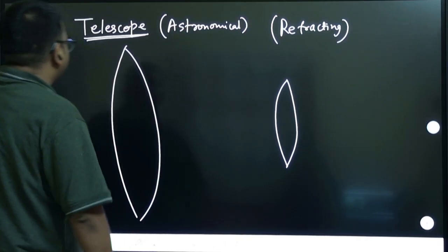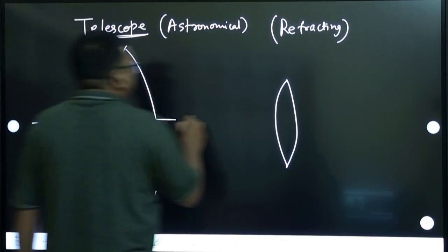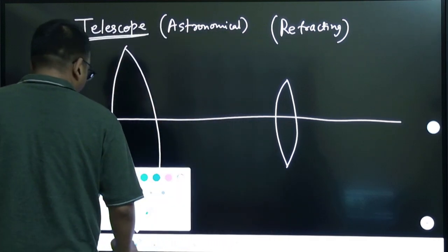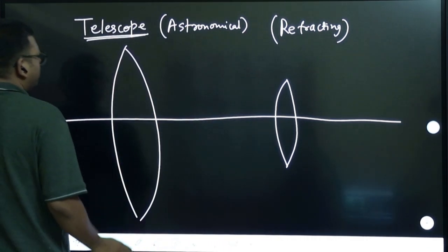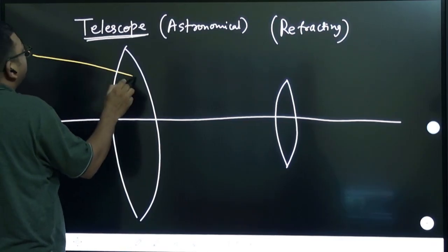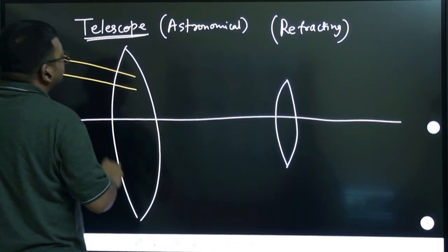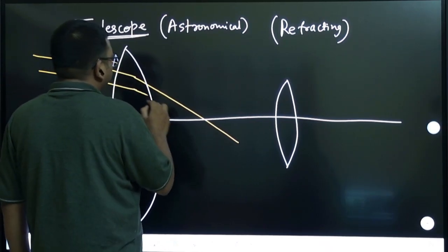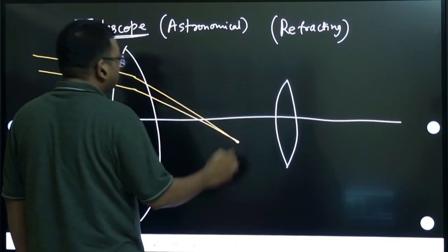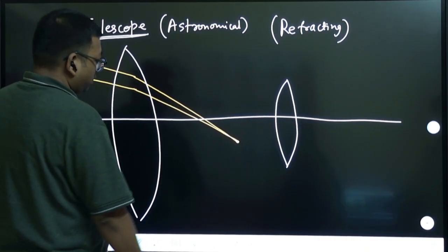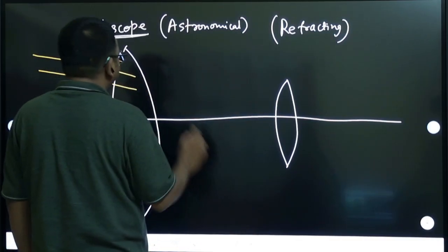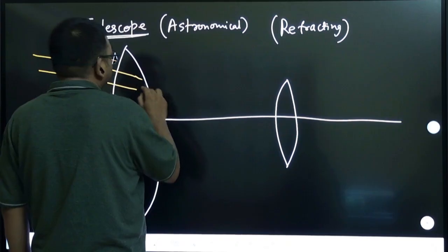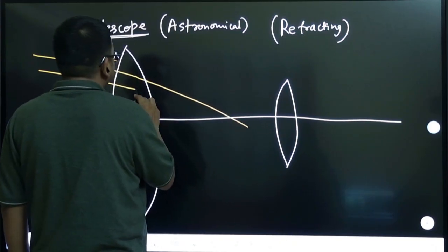Okay. And in this case, telescope. Let us try to understand telescope like this. So rays are always going to come parallel here in case of telescope, and these parallel rays will converge at the focal plane. Focal plane means somewhere at the focus. I think this diagram I have to draw a little bit proper, otherwise it will not happen like this.